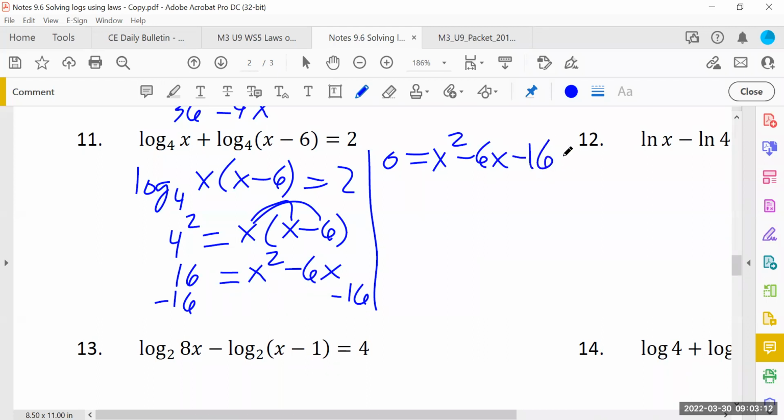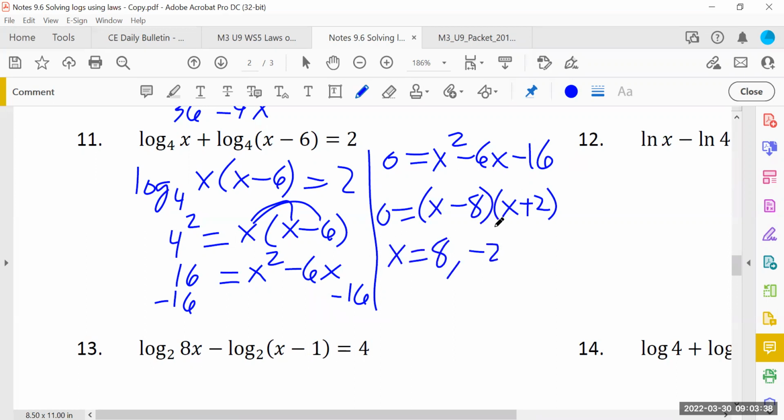I need two numbers that multiply to negative 16, but add to negative 6. It's not 4 and 4. What's another way to multiply to make 16? 8 and 2. That subtracts to 6. So this is going to be x minus 8 times x plus 2. So I get two answers here. X is 8 and negative 2.